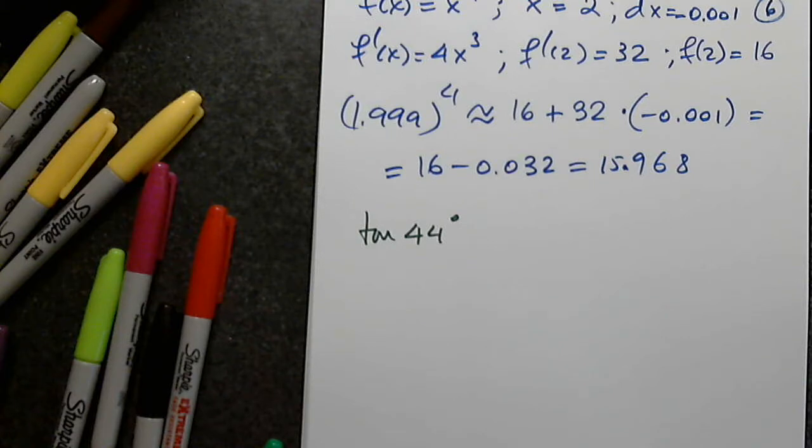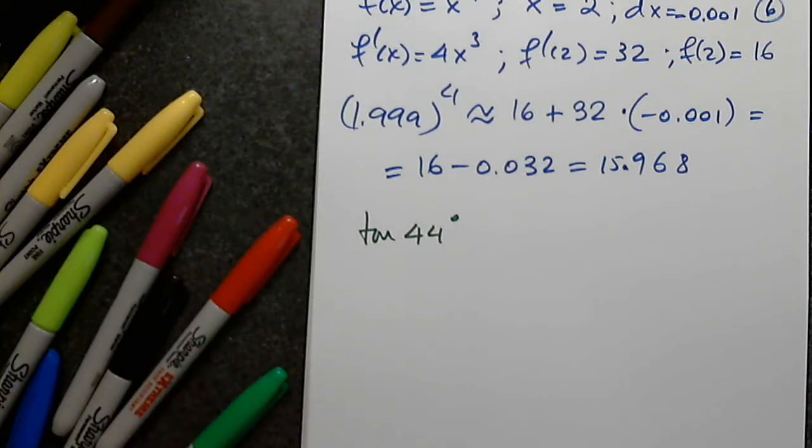We have to use radians. It doesn't matter. You'll see in a moment. Just remember, when a tangent or a trig function is applied, the angle must be in radians.